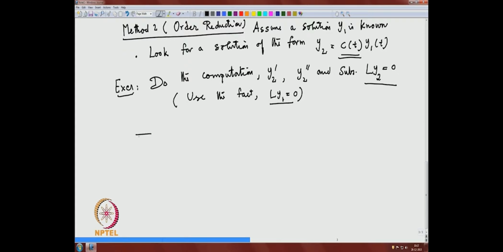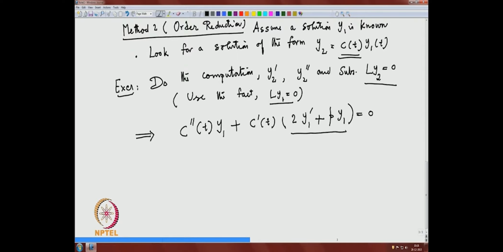If you do the computation, this will imply you will get an equation: C double prime of t times y1, which is known to you, plus C prime of t into (2 y1 prime plus p y1) is equal to 0. This is known to you because y1 is given to you.